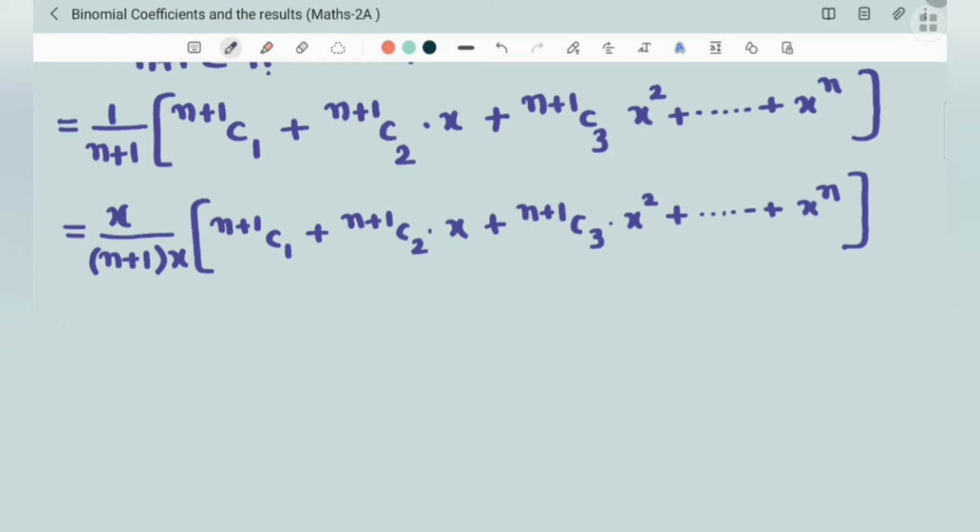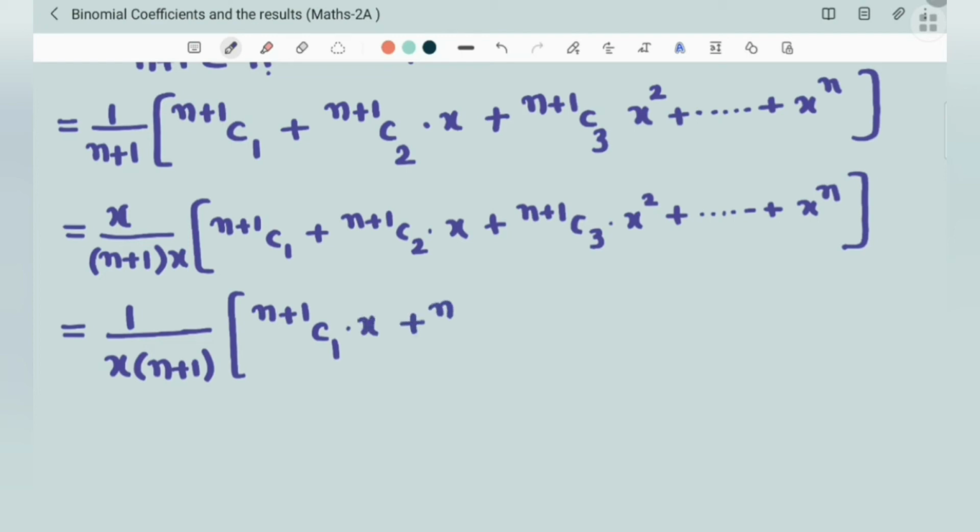So it becomes 1 by x into n plus 1, n plus 1 c1 into x plus n plus 1 c2 into x square plus n plus 1 c3 x cube plus and so on, up to x power n.